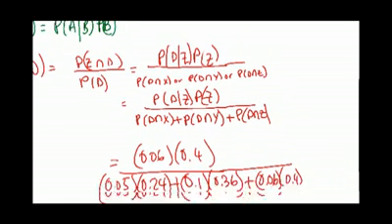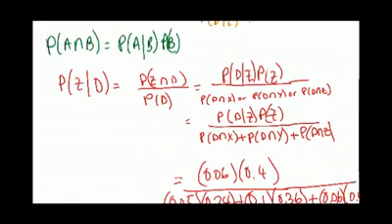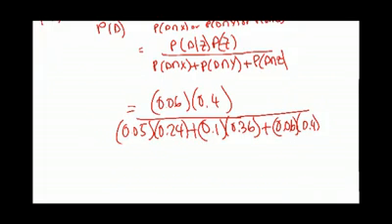When you do all that, you should get a probability of 1/3. I believe it should be 0.024 over 0.072.